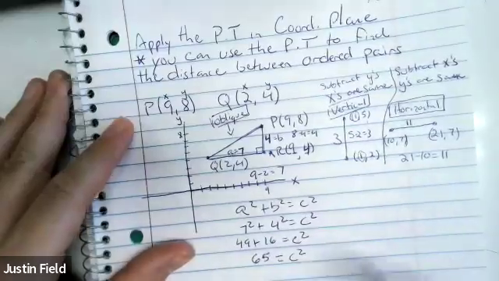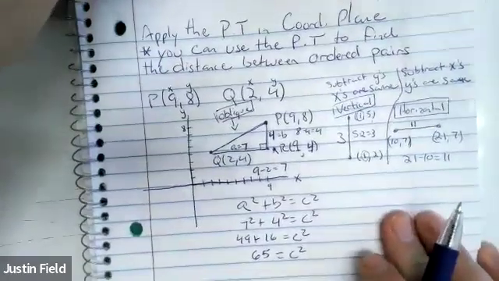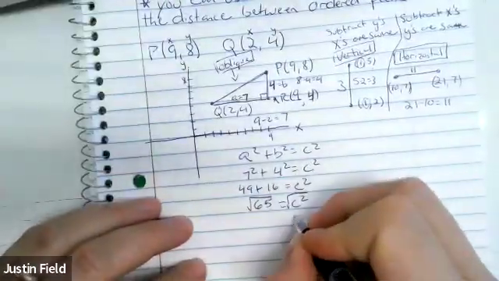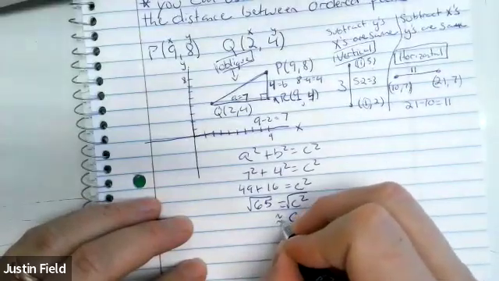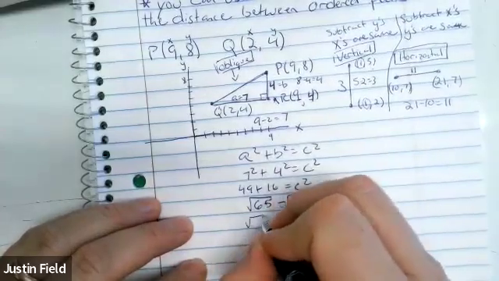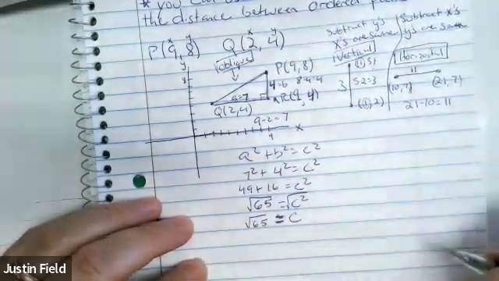Of course, we're going to take the square root of both sides. So C is approximately, well, actually, C is exactly equal to the square root of 65.